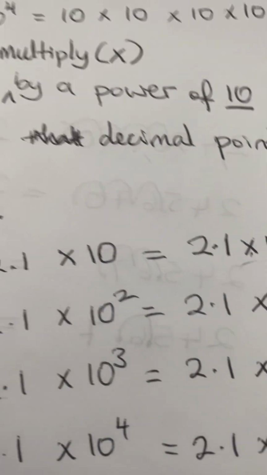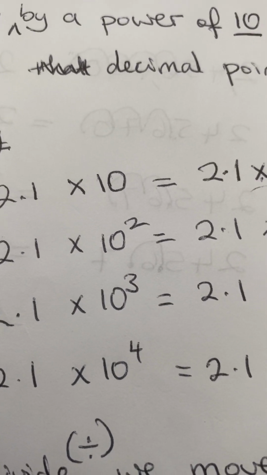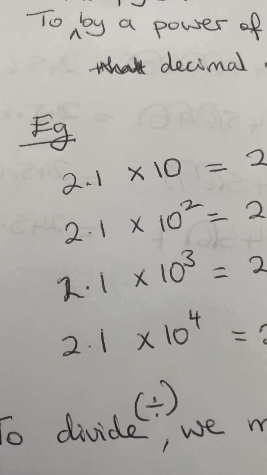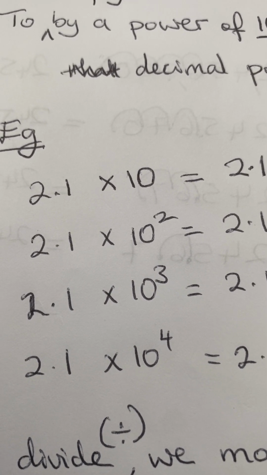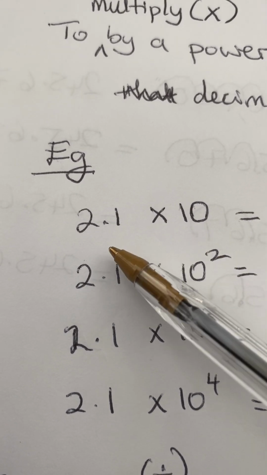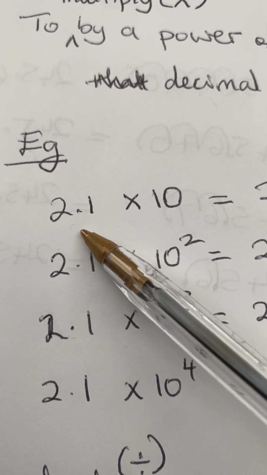So for example, remember today we are looking at decimals and we are multiplying, and then later on we'll divide. Okay, we are going to do the multiplication part first. So my first decimal I'll introduce you to is 2.1.